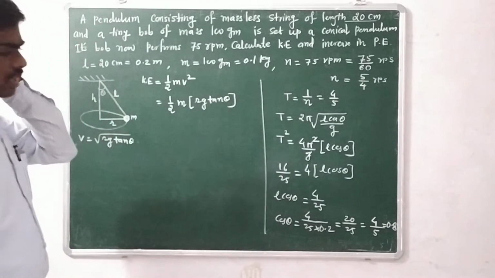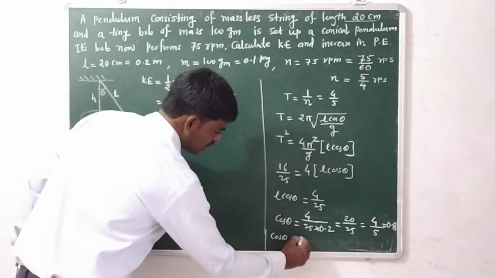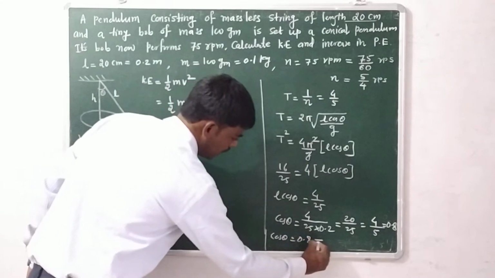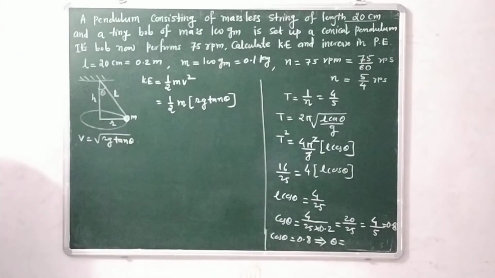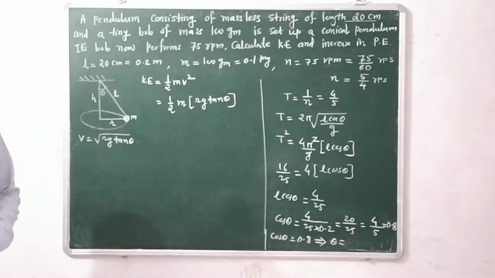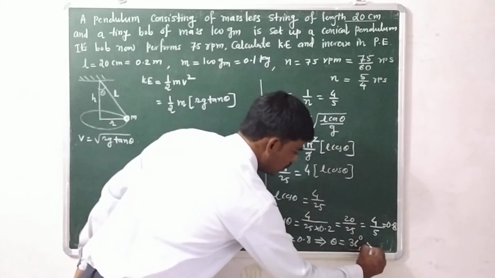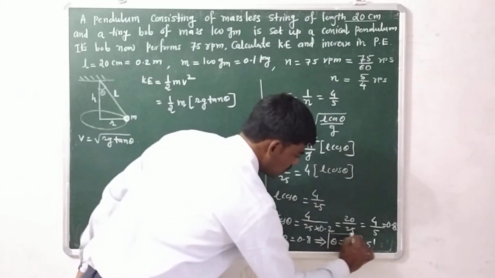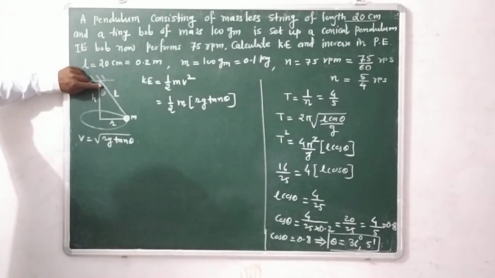So cos theta is equal to 0.8. Therefore, theta is equal to cos inverse of 0.8, which is about 36 degree 5 minutes. This is the value of the angle of inclination.